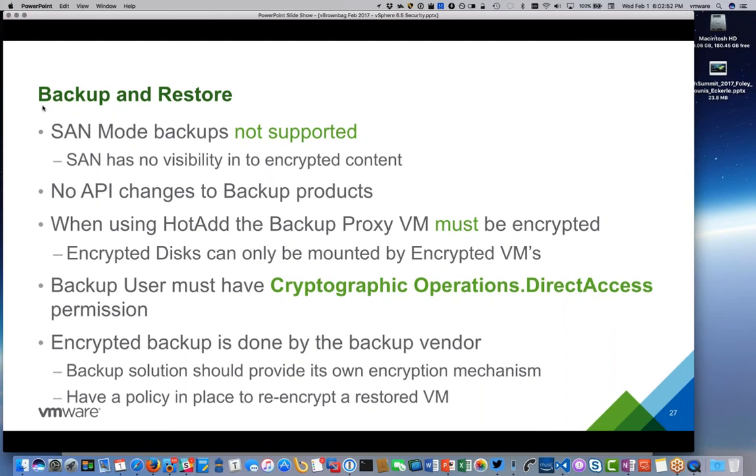Obviously what you don't want to do is back up an encrypted VM, have your backup vendor encrypt that VM, whatever way they do that, and then to restore that VM, they restore it into a VM in the clear and then turn around and apply an encryption policy. Because while that VM is in the clear, it's in the clear. Ideally, what the backup solution should do is create an encrypted VM and then restore the files into that encrypted VM so that everything is always in an encrypted state.